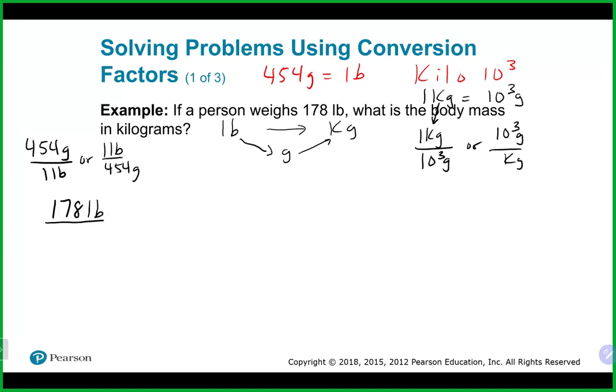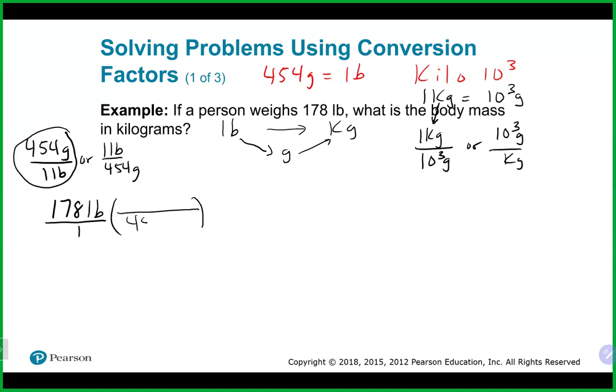Again, you don't need to put the 1 there, but if it helps you visualize where the units are, go for it. Now, this just makes it super easy, I hope. I know I've got to get rid of pounds, and pounds are on the top. So when I go to my pounds to grams conversion factors, there should be only one choice that sticks out to you, the one that has pounds in the opposite location. And that is what I'm going to use first.